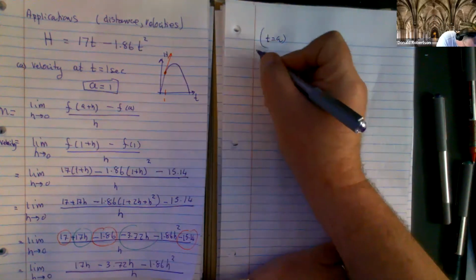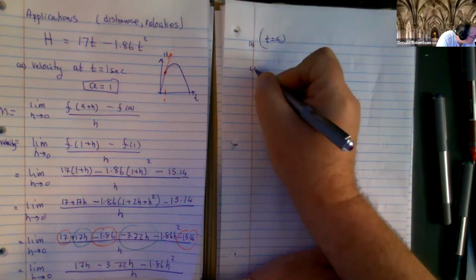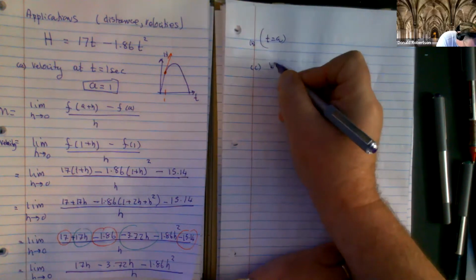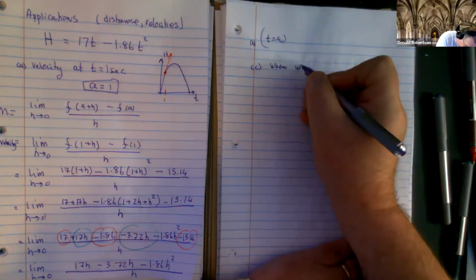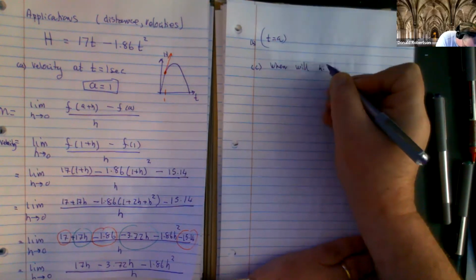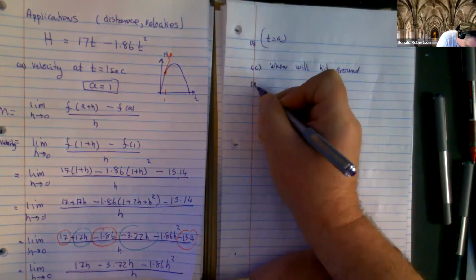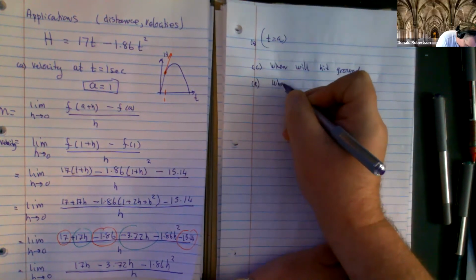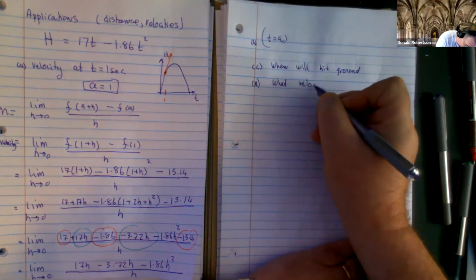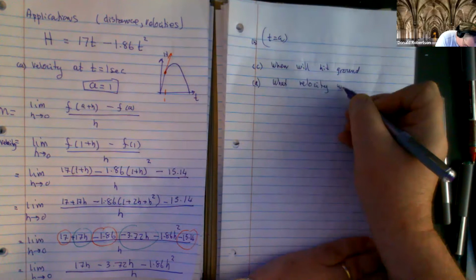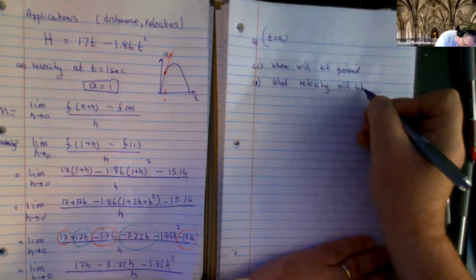What I'm going to do instead is part C, which says when will the rock hit the ground? And then part D, what velocity will it hit the ground?